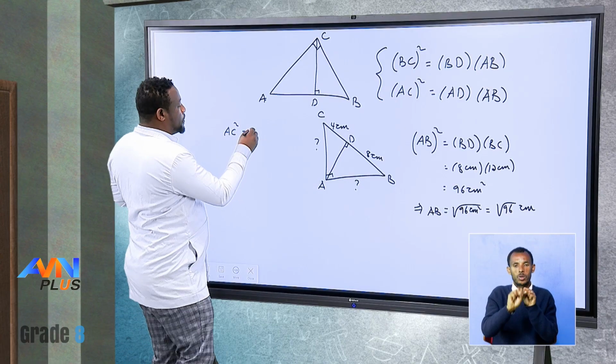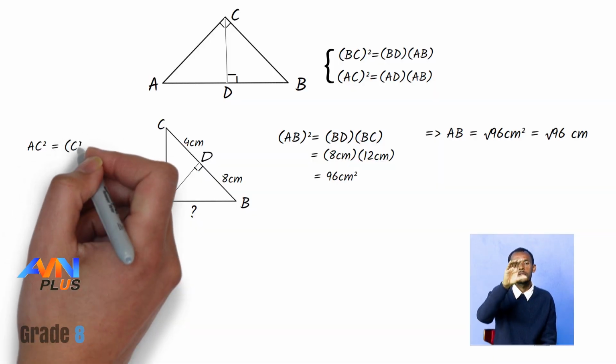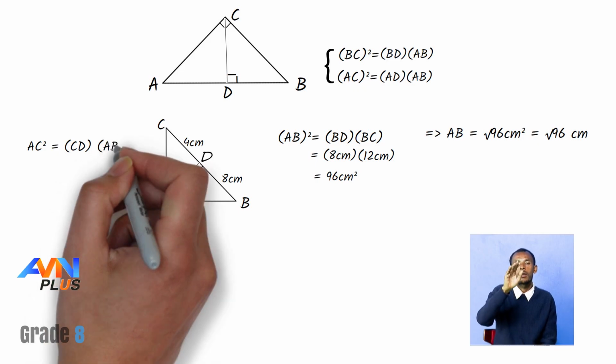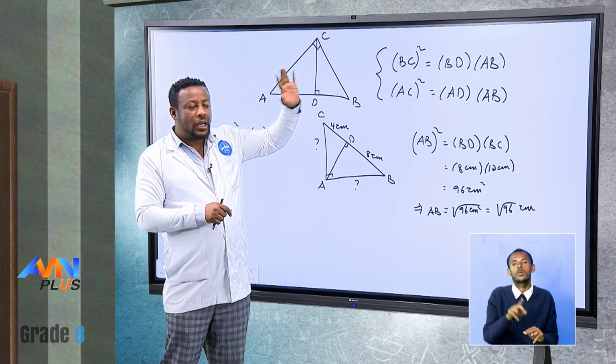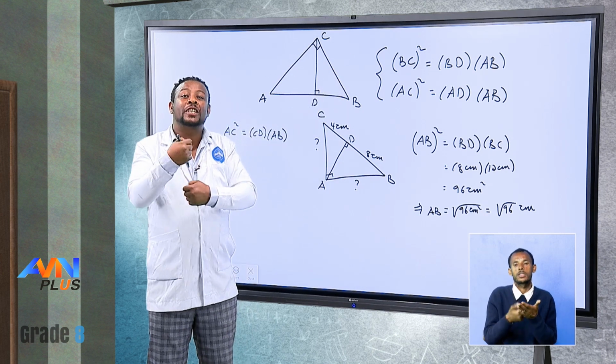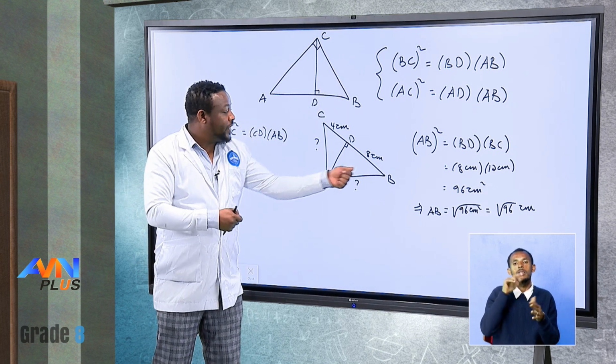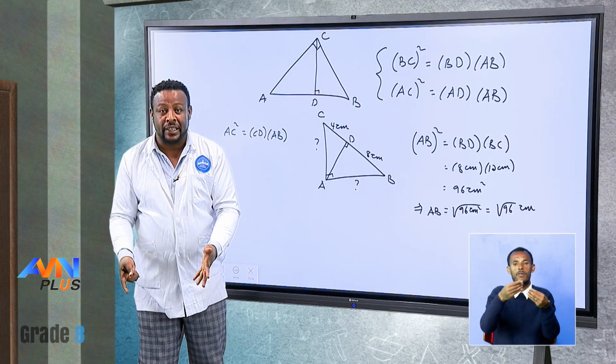So this becomes CD times CB. Your formula is dependent on the points that you are given for each vertex, so you shouldn't memorize this.